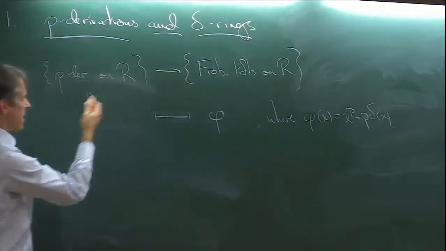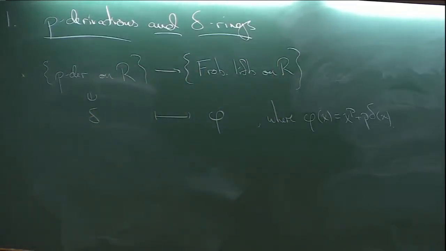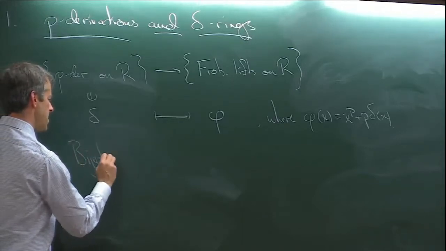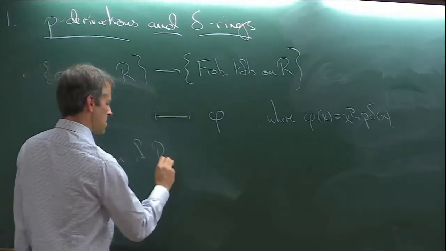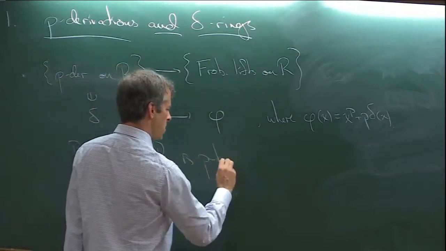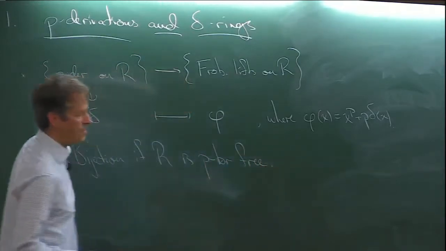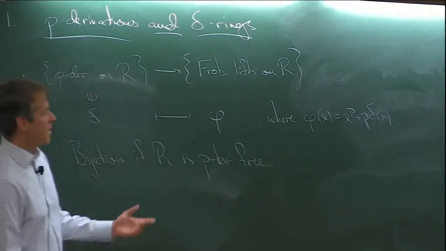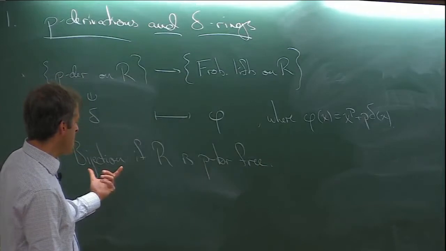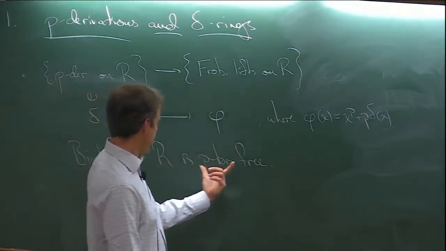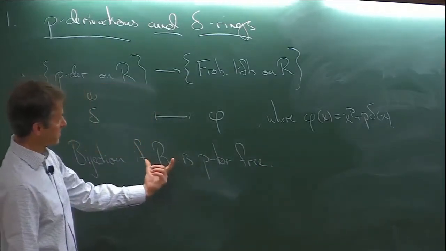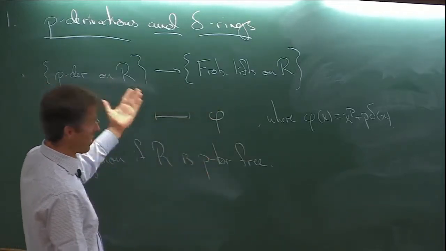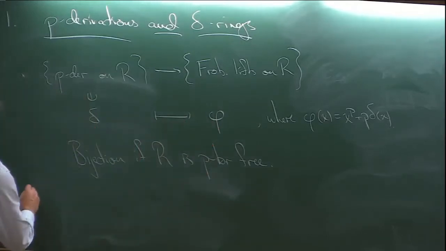So we have a function from p-derivations on R to Frobenius lifts on R. This is a bijection if R is p-torsion free, but it is not a bijection in general. That's kind of the whole point. But if your ring R is p-torsion free, then giving a Frobenius lift is equivalent to giving a p-derivation on R. So you know many examples of delta rings already.